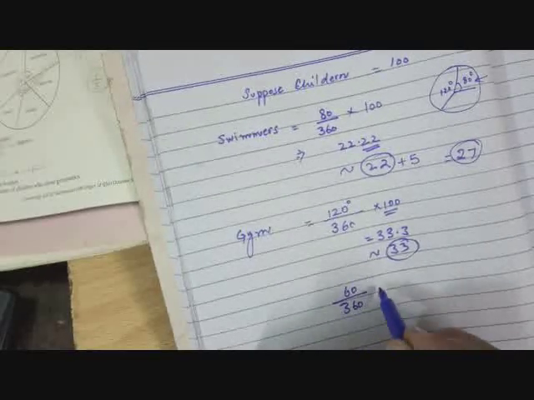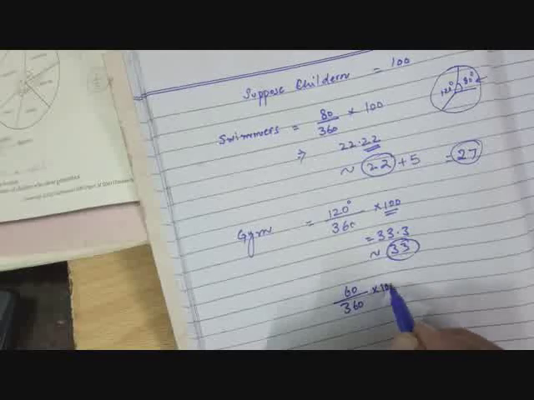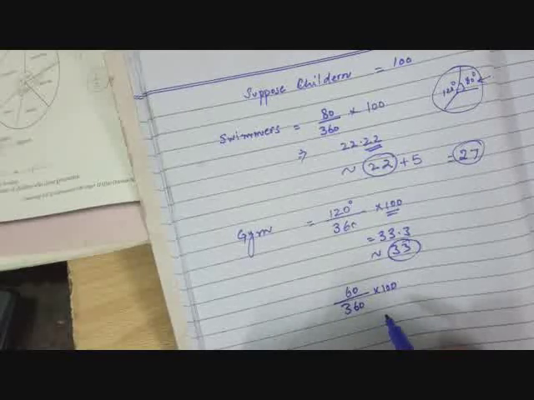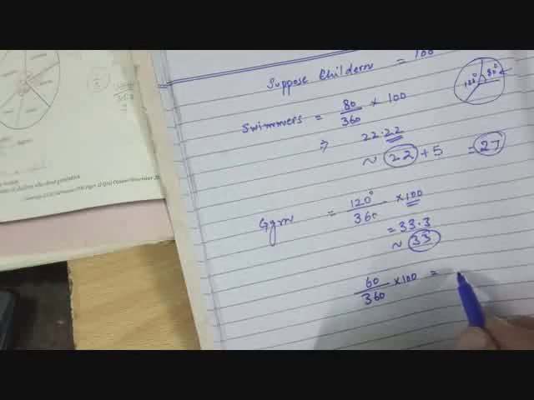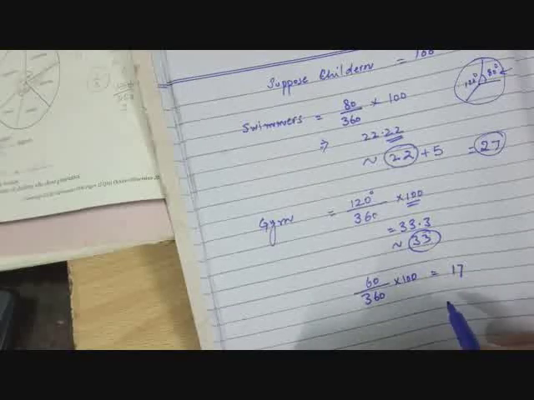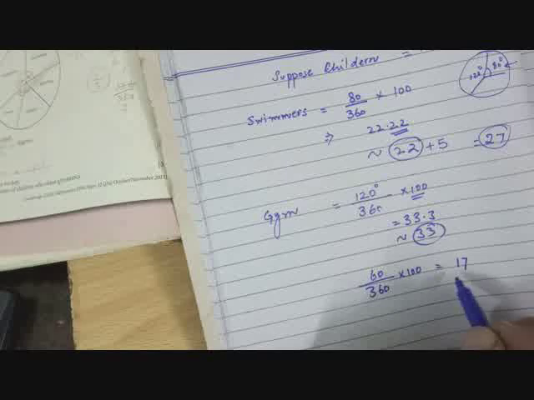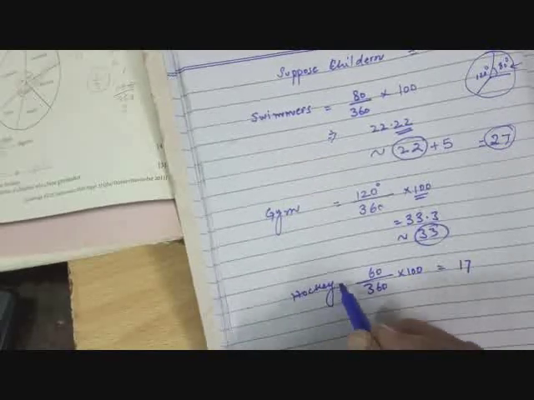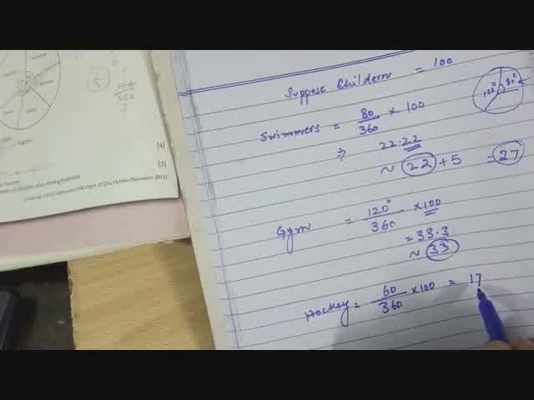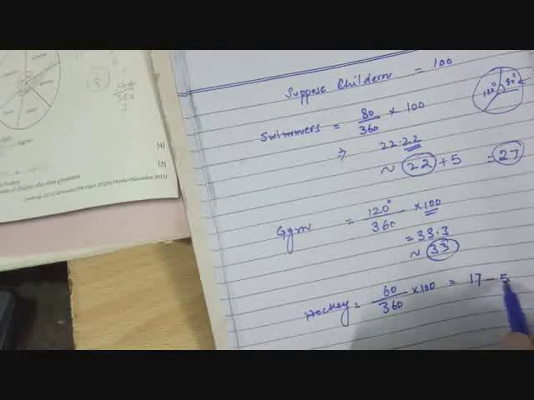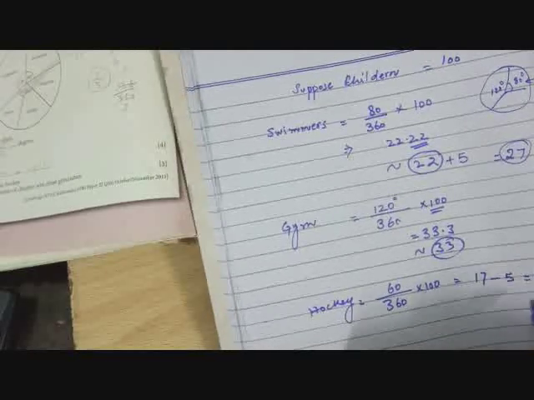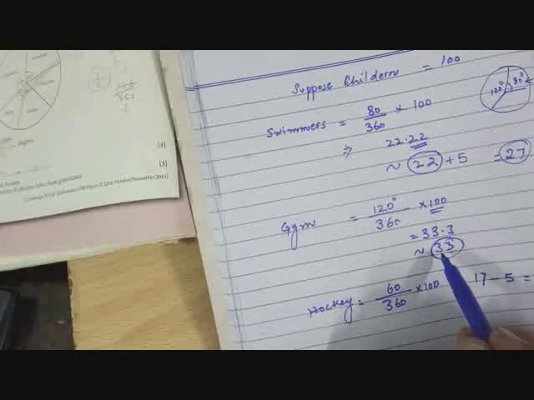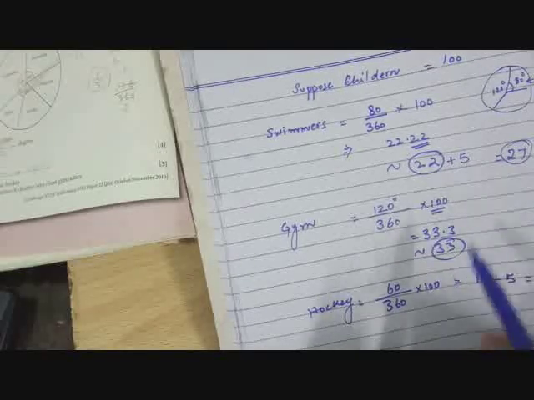So hockey were in fact 17 students, but after leaving 5 it becomes 12 students. Now this is 12, this is 33, and this is 27. This is the whole answer.